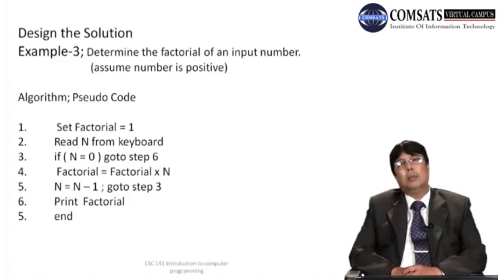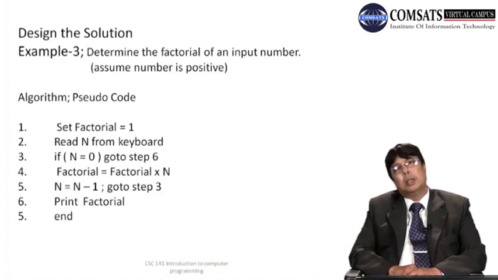In the last algorithm, we said that n is equal to n plus 1. So this is again a very important statement. जब हम कहते हैं n is equal to n plus 1, हम इसको कहते हैं increment. और जब कहते हैं n is equal to n minus 1, इसको कहते हैं decrement.